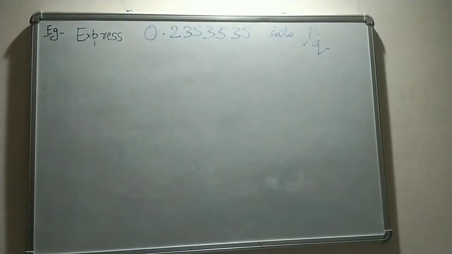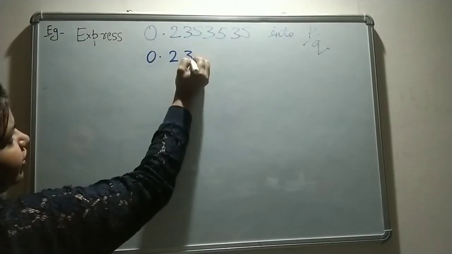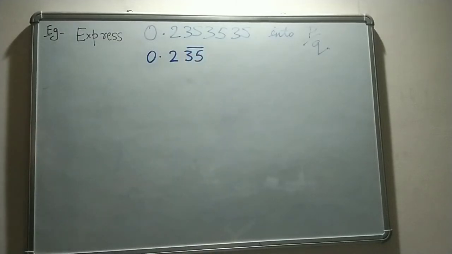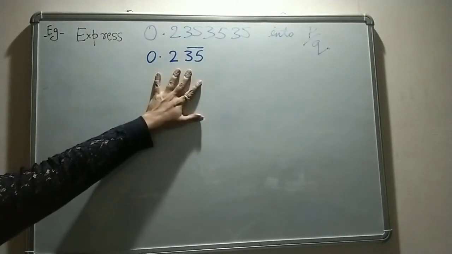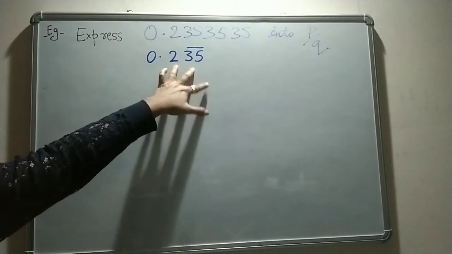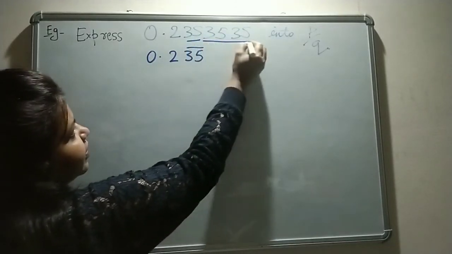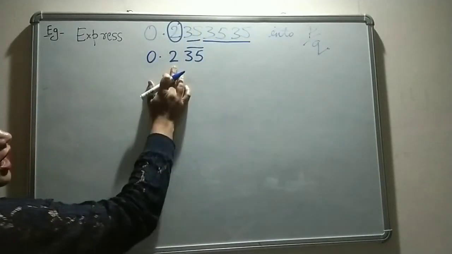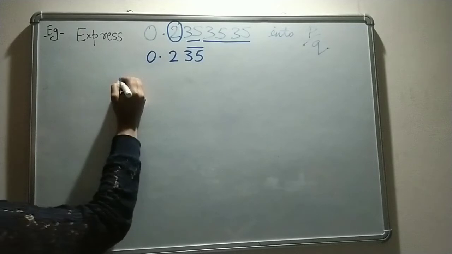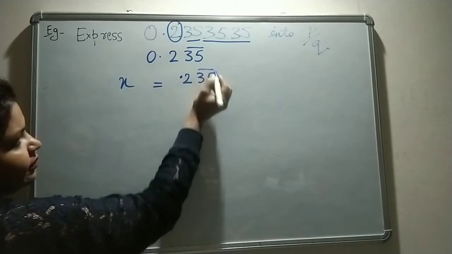Here, look at the string. It is 0.235 bar. The string is repeating itself, but only after one digit. 2 is not repeating, so we have to take it further. We can say x equals 0.2353535.